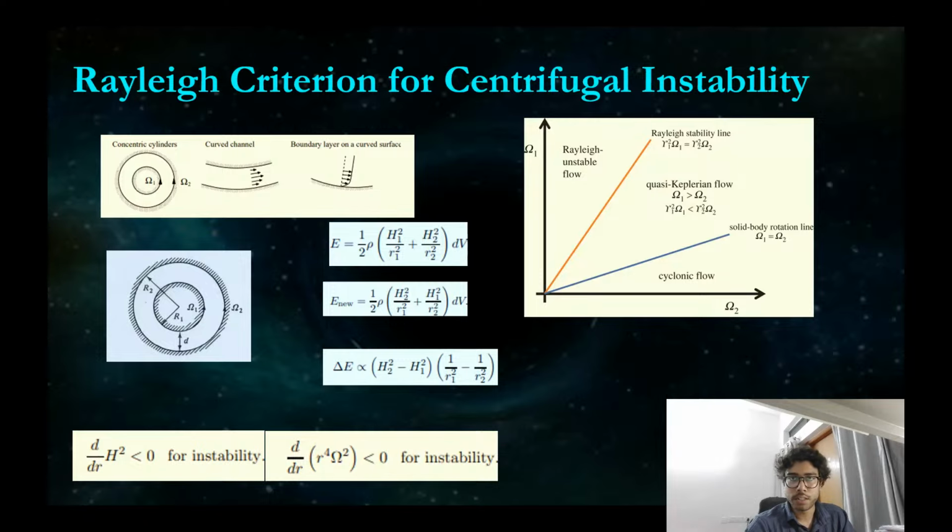So you will see that all the points in that object will rotate at the same angular velocity, right? The angular velocity will be same. Okay. So that is what a solid body rotation means.